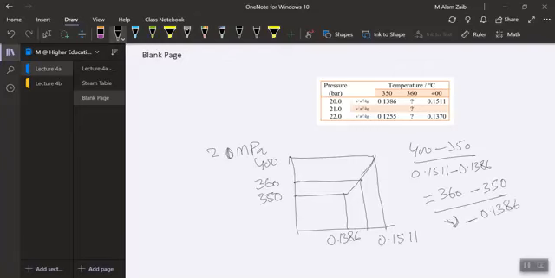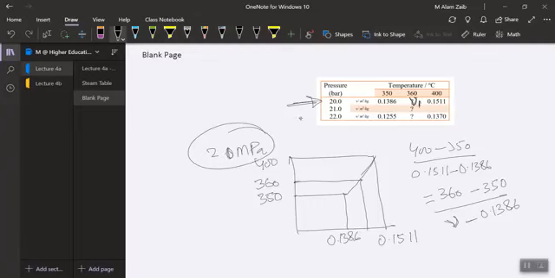Solving this, I can find the volume at 360 at 2.0 megapascal, and let me call it V1. Is it okay now? I hope.